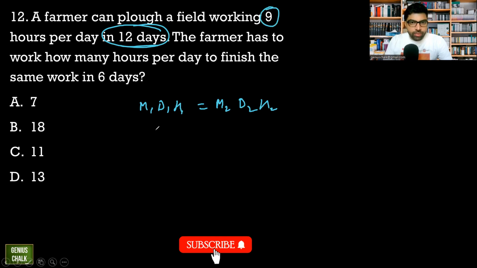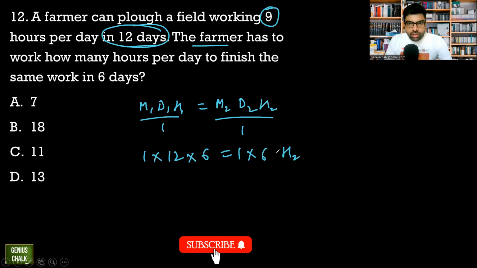Work is not there, so work will be 1 in both cases, and the number of men is the farmer only, so there is no need to take it. 12 days, hours 9. Now the farmer has to work for how many hours, H2, in 6 days? So can you solve? 6 cancel.